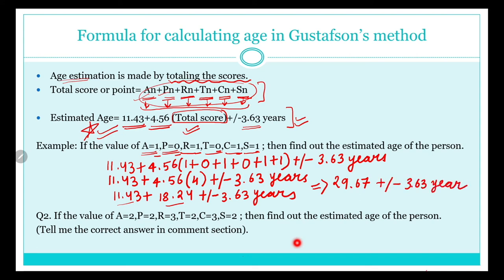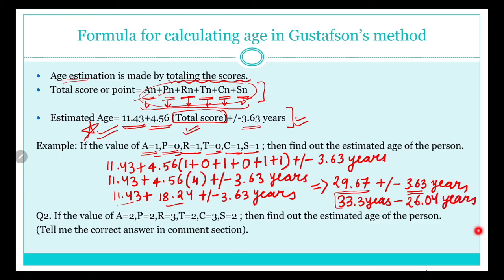So just deduct this 3.63 and add this 3.63 into this term to get a range. So 29.67 plus 3.63 is 33.3 years, and 29.67 minus 3.63 is 26.04 years.